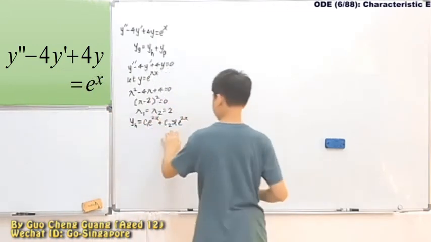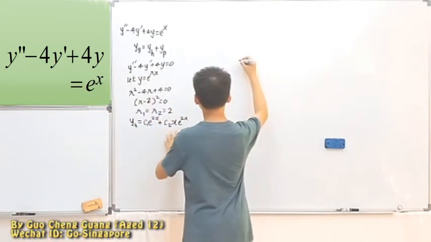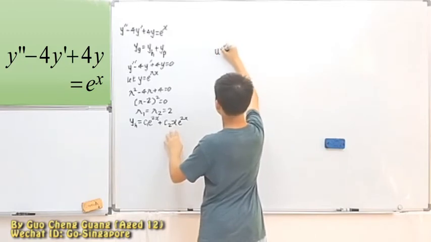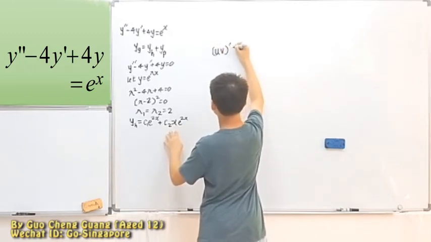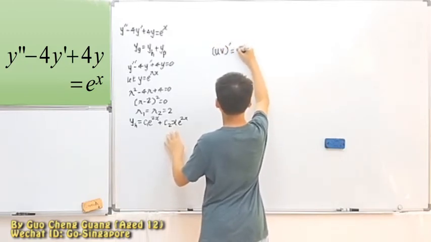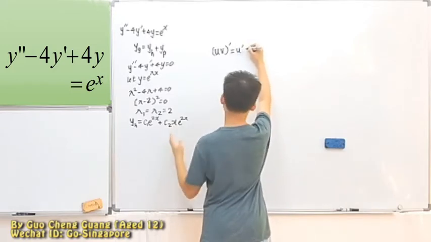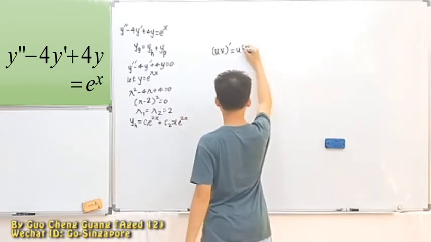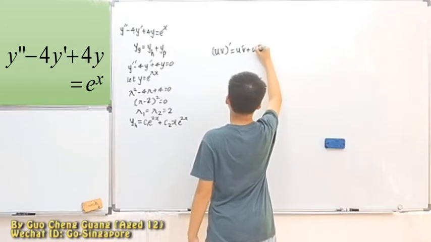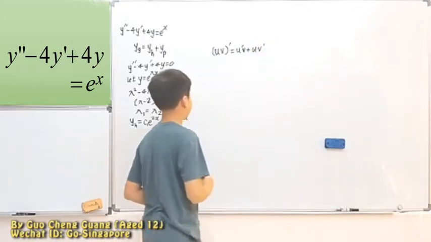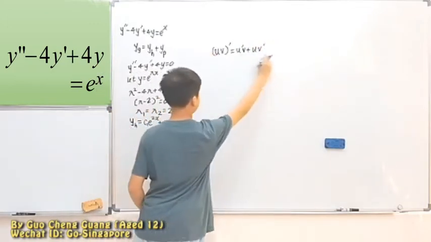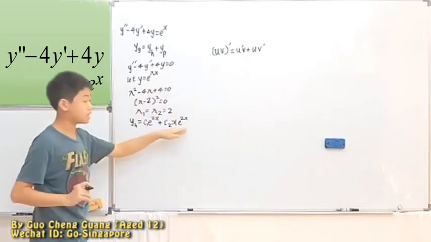So let's check the product rule. The product rule is, okay, you differentiate uv. First part, it can be to differentiate this u. It can be to first differentiate the v. So this is a product rule right now here.